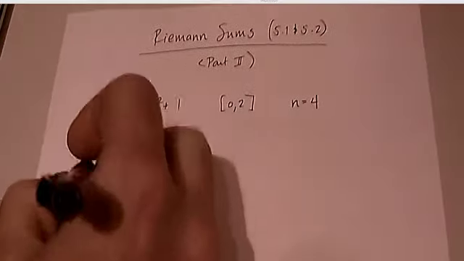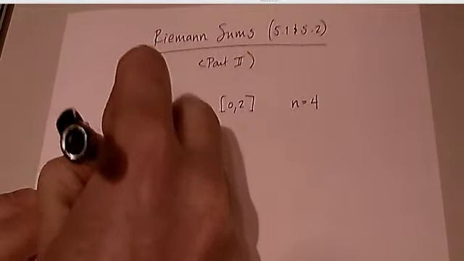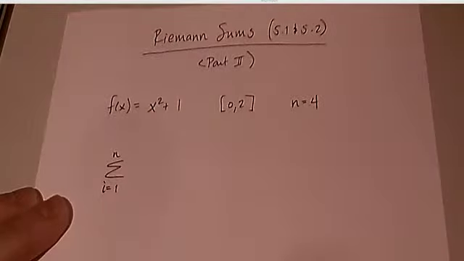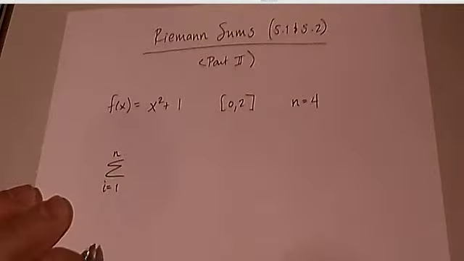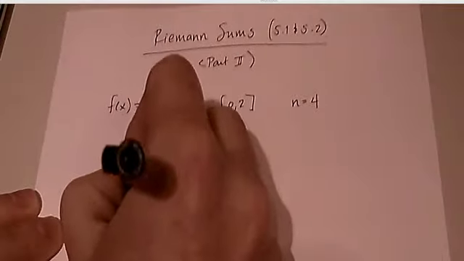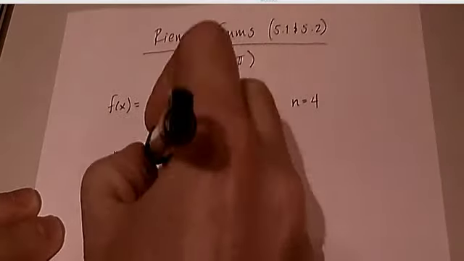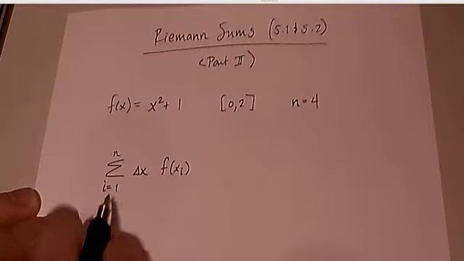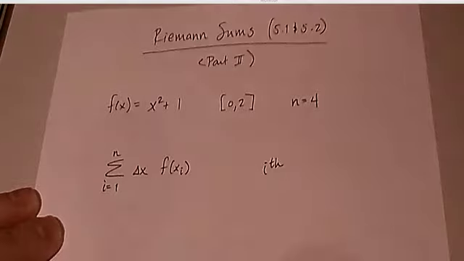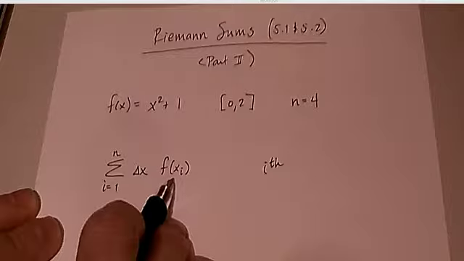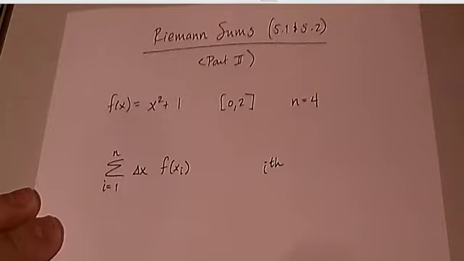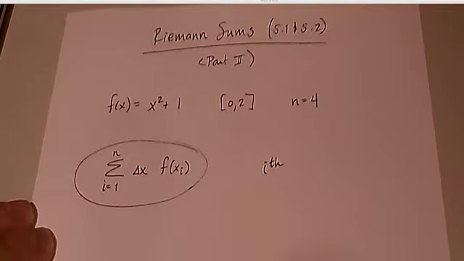A Riemann sum is basically going to be sigma for i from 1 to n, and that will give you n subdivisions, right, because that'll give you n areas, delta x, and then whatever the function value is for the ith subdivision. So this is the width, this is the height, and you're adding up that product from 1 to n times, okay? That becomes pretty important notation, okay?